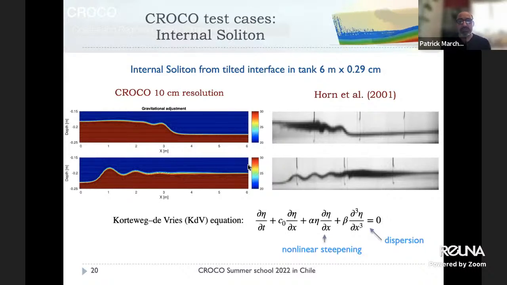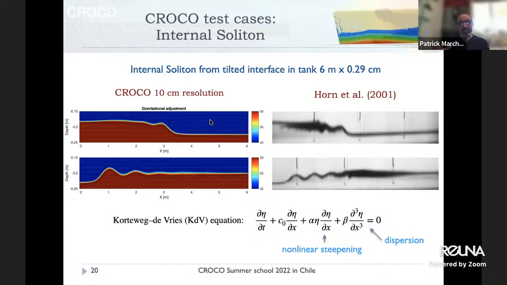It is also based on a tank that is being tilted, but in this case, we're not interested in the free surface, but we're interested in the interface between two layers of fluid, one that is heavy, and above it we have a light fluid. Maybe that could be representative of an estuary with fresh water on top of heavy water.